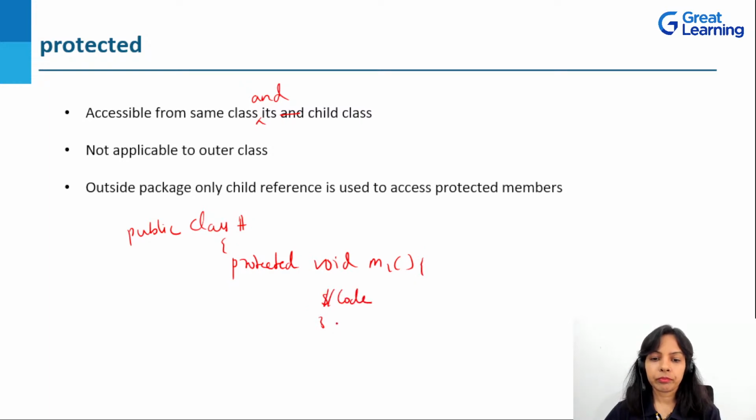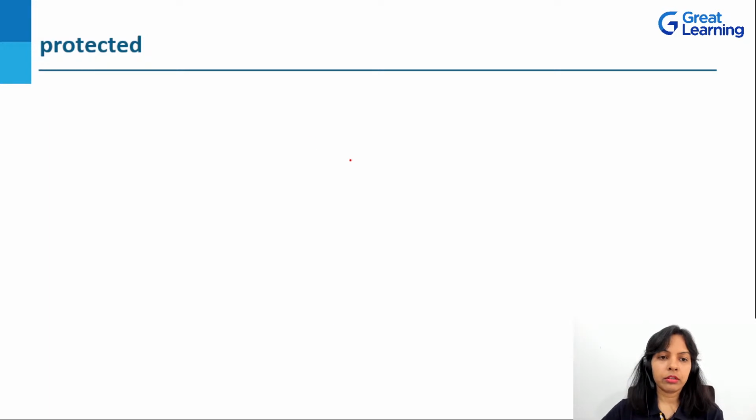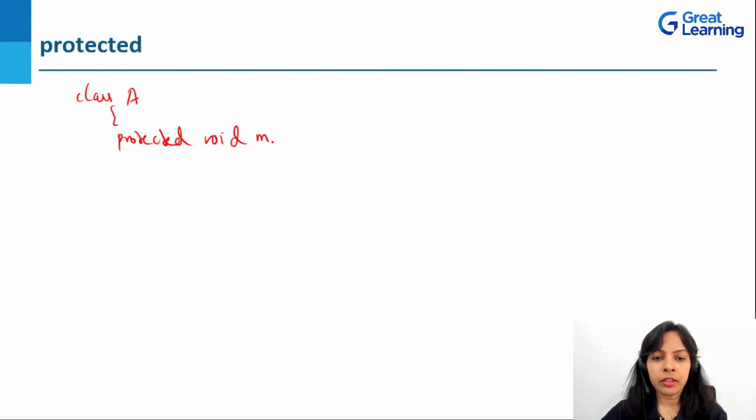Let me go to the full screen, it will be easy to demonstrate here. So class A, and inside this there is a method which is protected void m1. Some code is there. This is a public class.